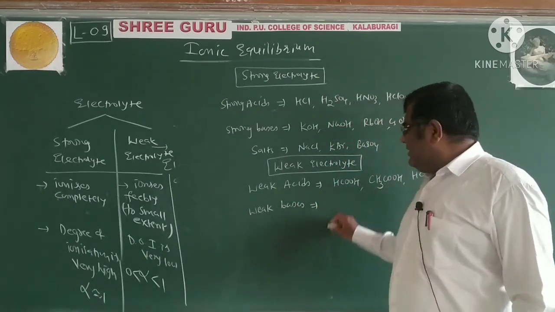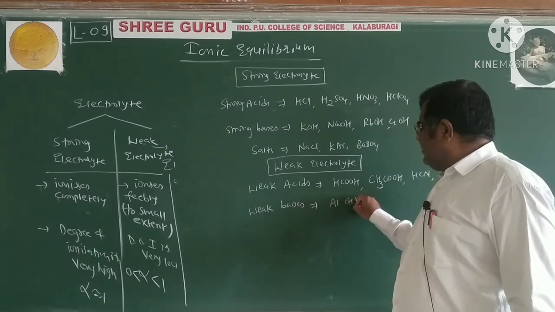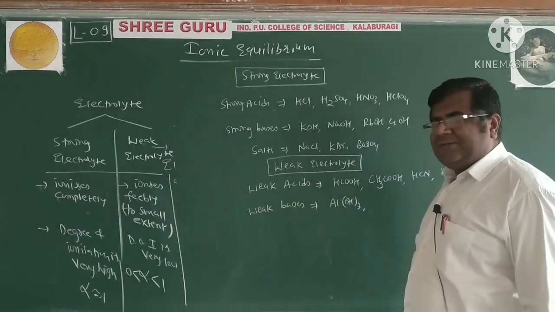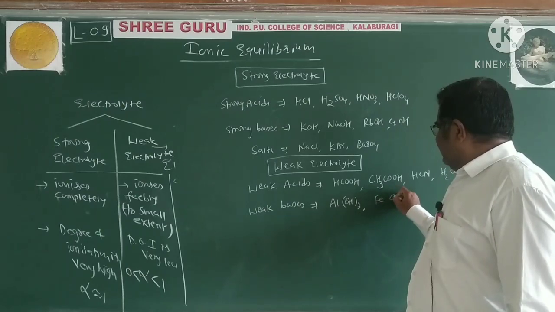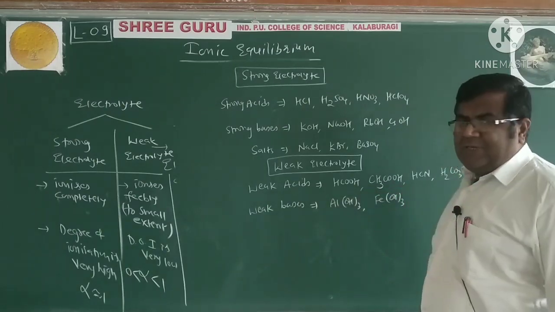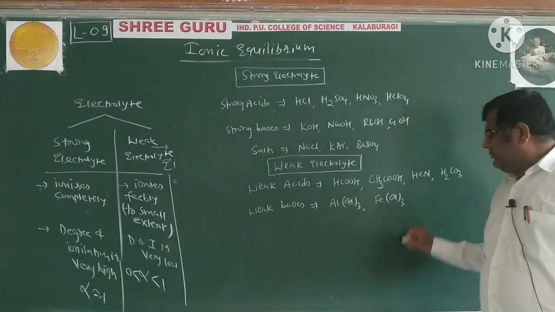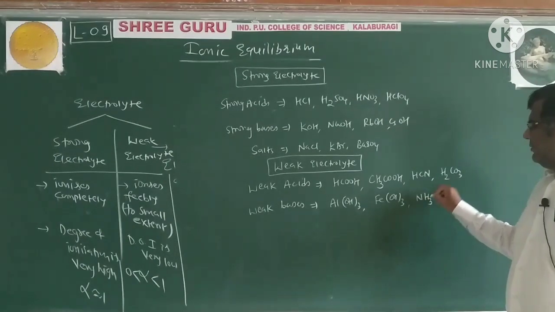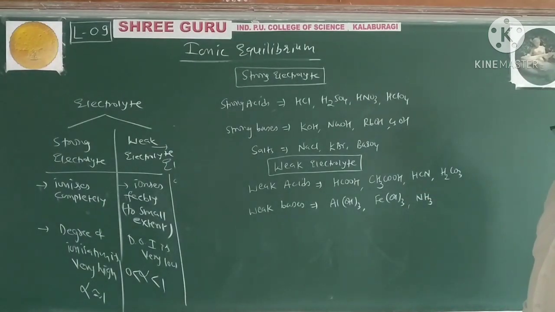And weak bases like aluminium hydroxide, ferric hydroxide, or we can add ammonia also.